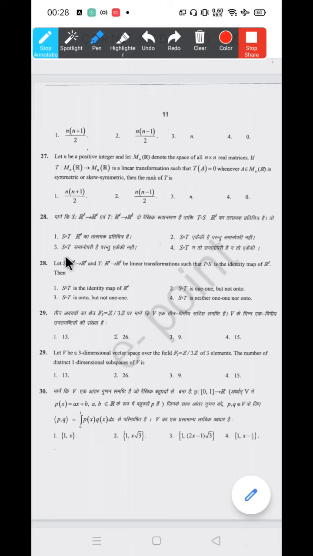Something like P raised to n minus 1, P raised to n minus P, P raised to n minus P squared, and like that up to P raised to n minus P raised to n minus 1. So here what is your P? P is your field, and here that is 3.